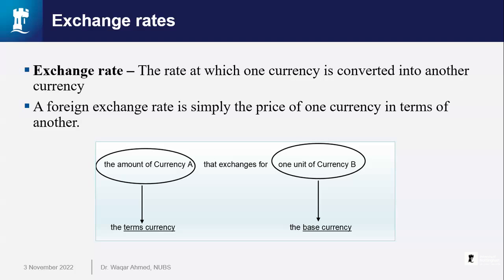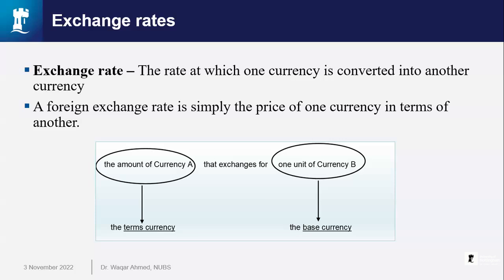Here we have a diagram that shows what is an exchange rate. It shows the amount of currency A that exchanges for 1 unit of another currency B in this example.